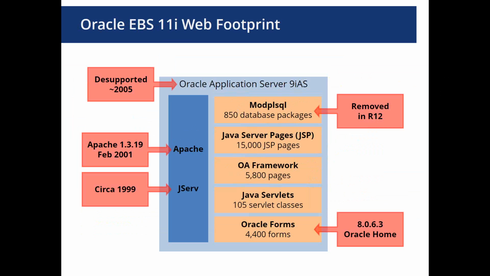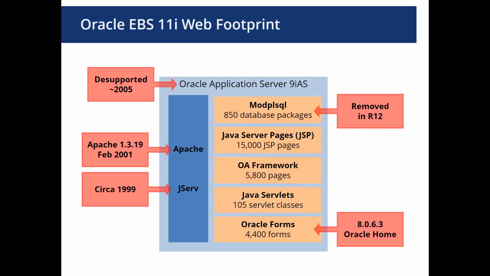That was desupported over 10 years ago. So Oracle does provide some minor patching. A couple security fixes have been done over time. But again, it's a very, very old application server. It's not implementing robust, modern protocols. Modern security audits aren't being done on it. So there's a fairly significant risk here that you're running a very old component.